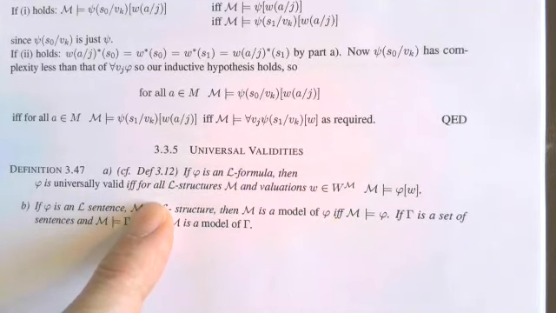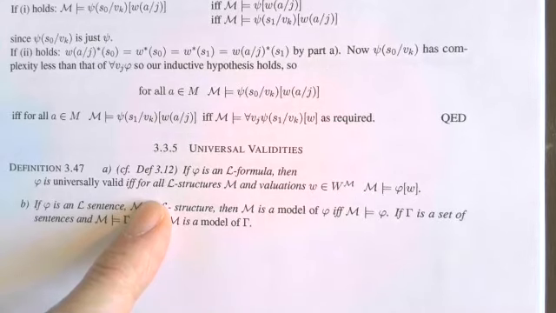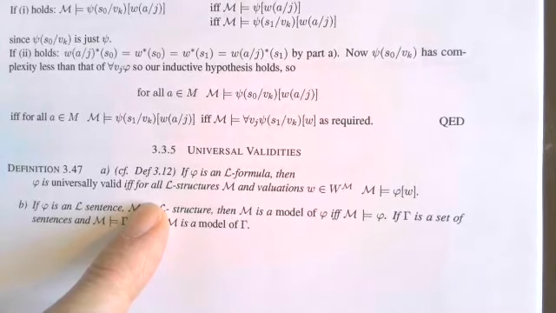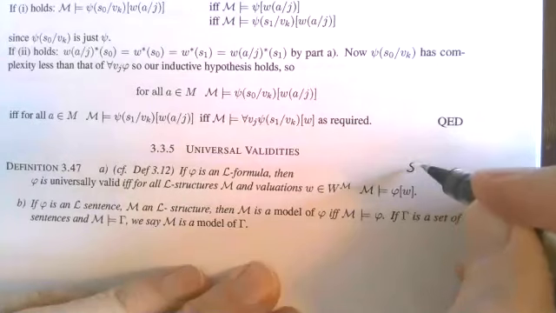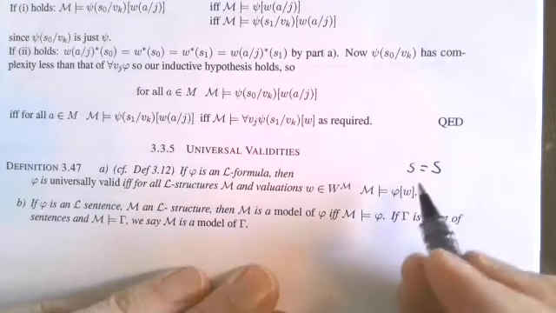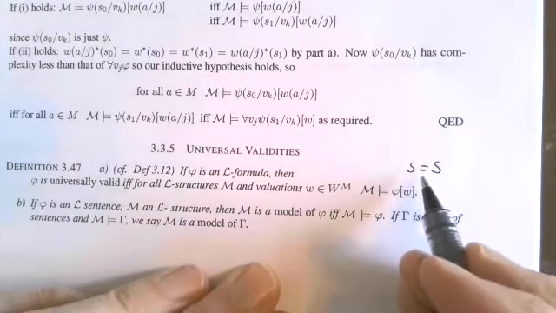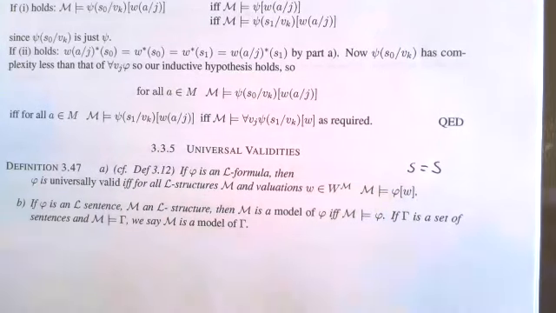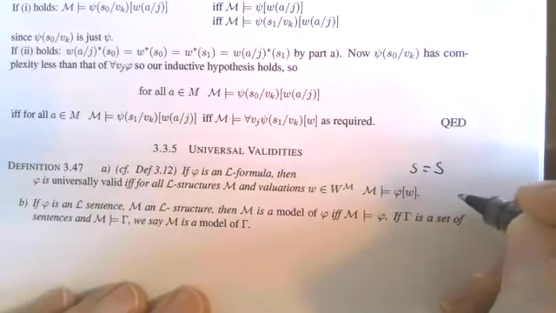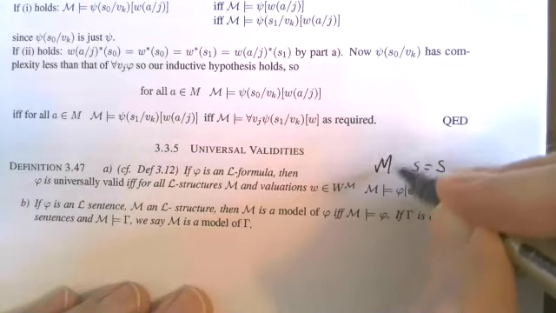So a typical example of a universal validity would be something that just says S equals S, an equation where the thing on the left is the same as the thing on the right. So it's not going to matter what assignment I make to the free variables of S to see how I interpret S. It doesn't matter what M is.